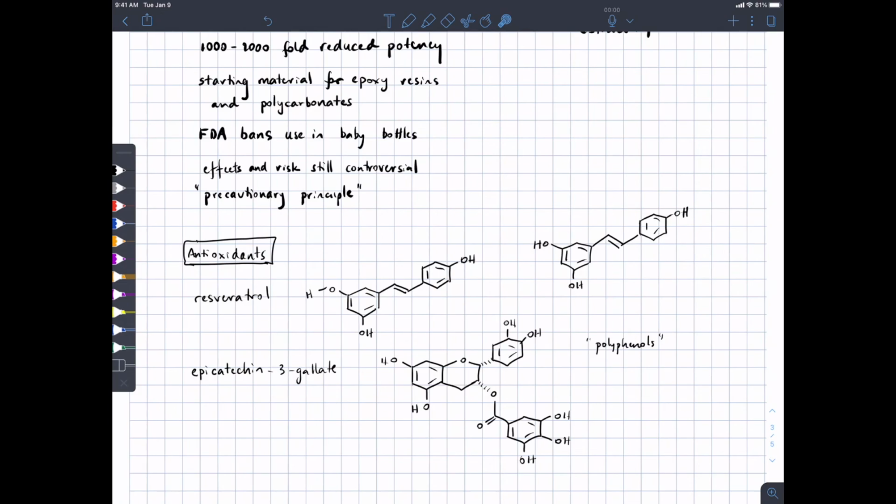The way these work as antioxidants is they intercept radicals and neutralize or inactivate them. So imagine a hydroxy radical, which is pretty reactive. It can remove very easily a hydrogen atom from resveratrol.